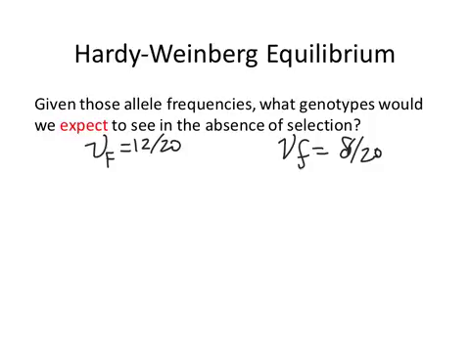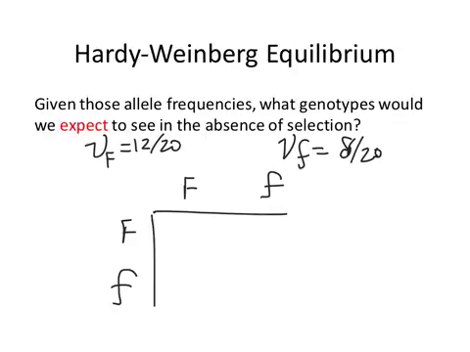How many columns do you need? How many alleles are there? 2. There's a big F and a little f. So you're going to have some gametes that carry a big F and some gametes that carry a little f. And if there's random mating, you're talking about gametes from 2 different parents, the 2 axes of the Punnett square. So that's parent 1 gametes.